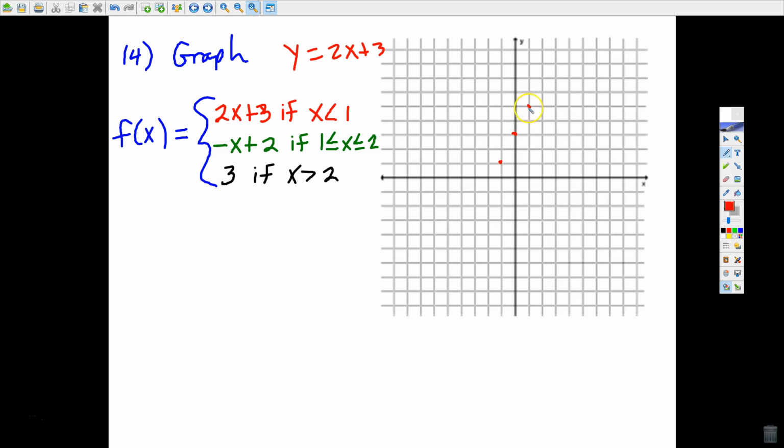It's that red dot right there. I went to the x-axis at 1, and then I just went up until I found the line. And since it doesn't say or equal to 1, I'm going to make that an open circle. And I'm going to draw the line going to the left. Less than 1 means to the left of 1. So with your straight edge, you're going to go this way.